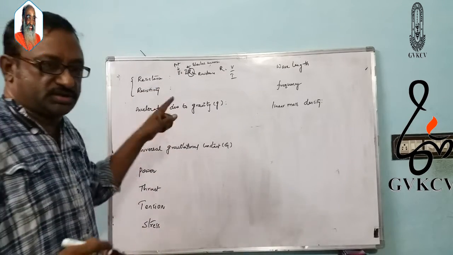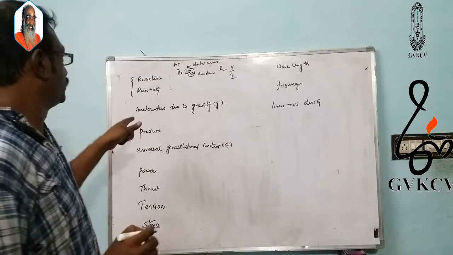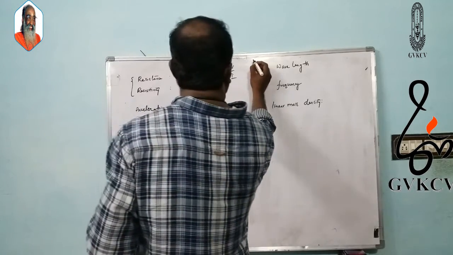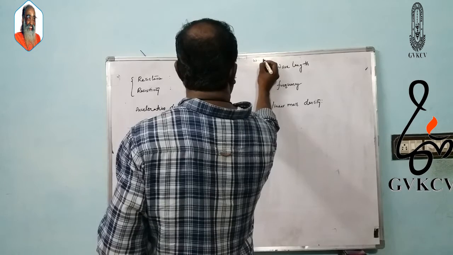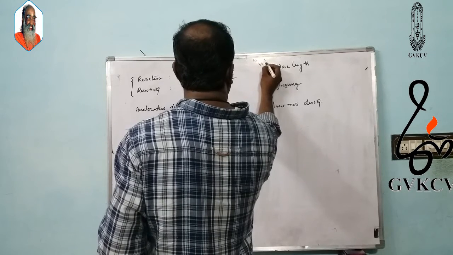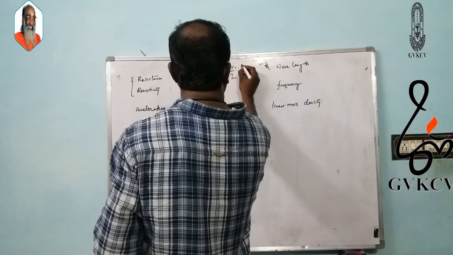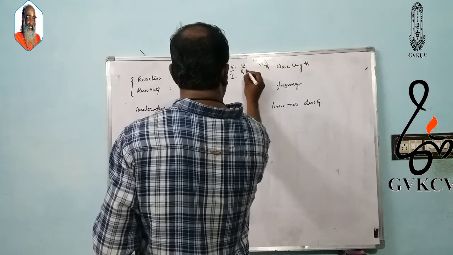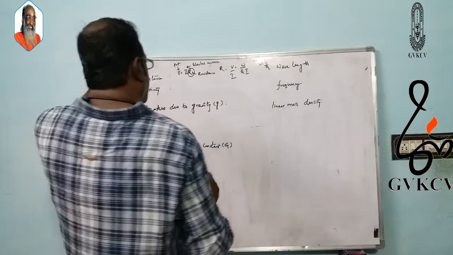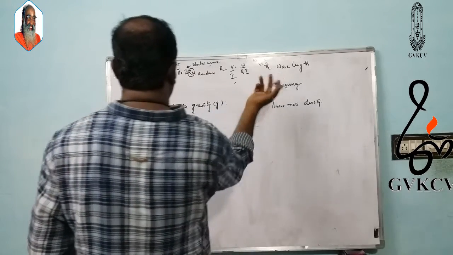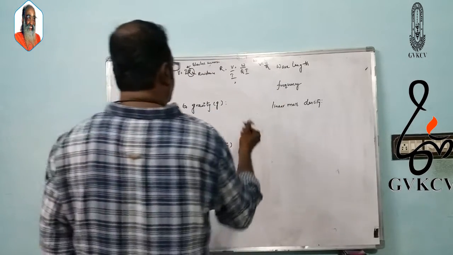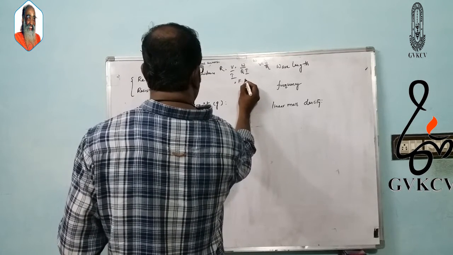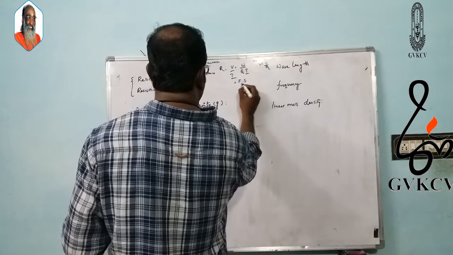Potential, we just talked about this earlier. For potential we extracted from W is equal to VQ, V is equal to W by Q. So it is W by Q, and this comes to the denominator I. And W, you know how to write the dimensional formula for W. W is equal to F dot S, and F is MA.